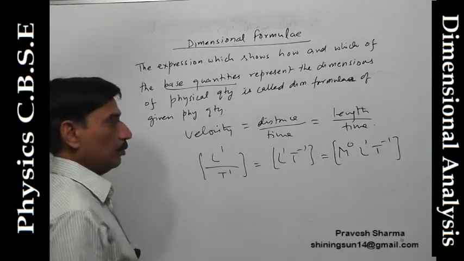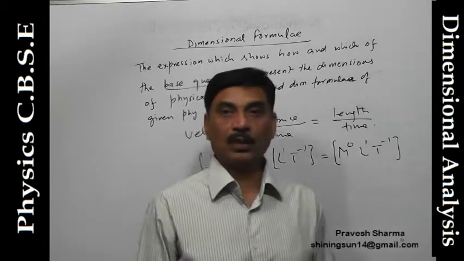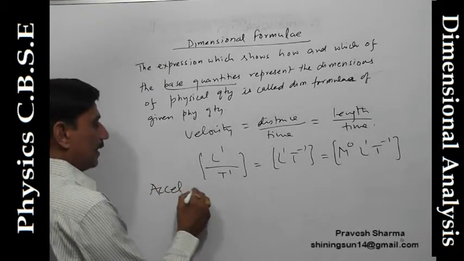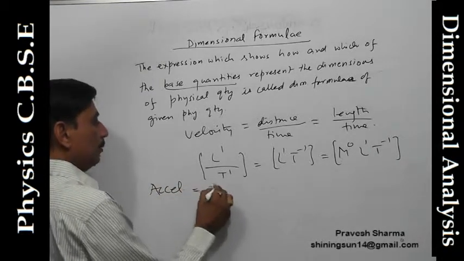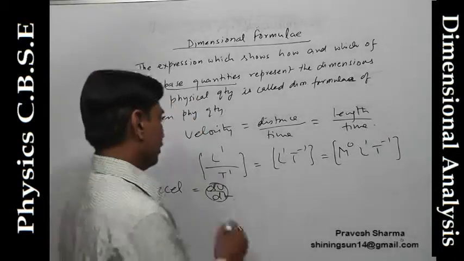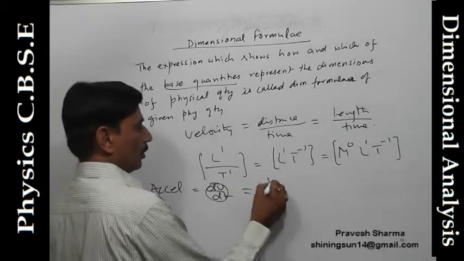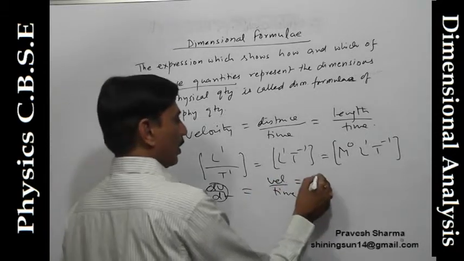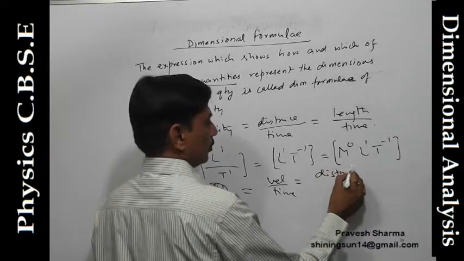Similarly, if we have to write the dimensional formula for acceleration. Acceleration is dv by dt, the rate of change of velocity. For initial understanding, we can write it as velocity by time. Velocity is what? Distance upon time.